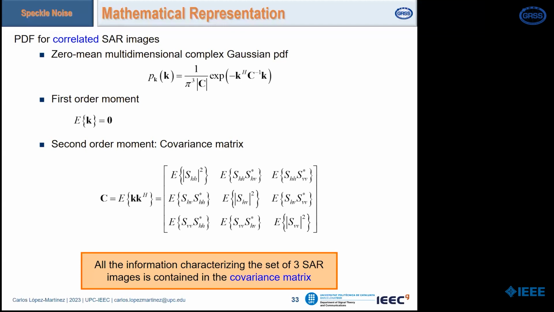What is implicit here is that I'm breaking the relation between the second order moments, the covariance matrix, and the polarimetric measurements, because the polarimetric measurements are done here.